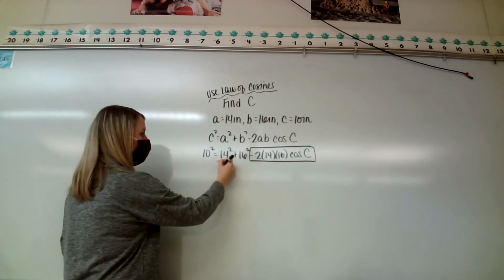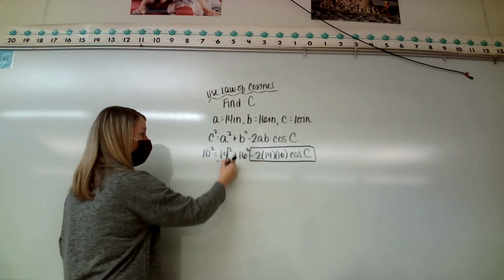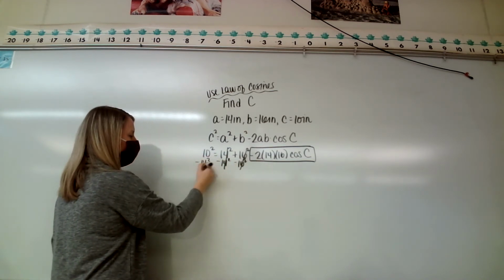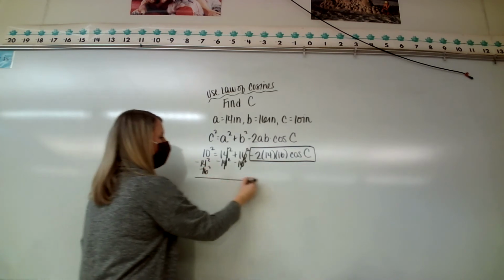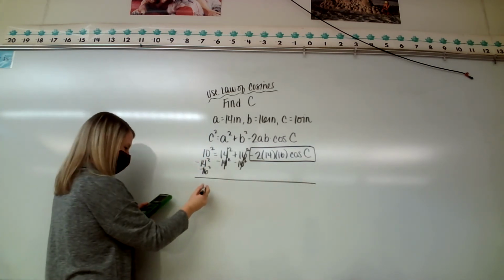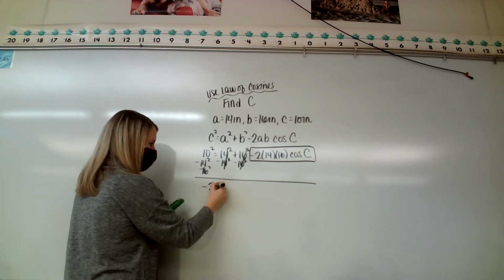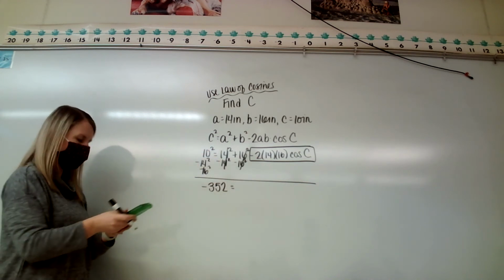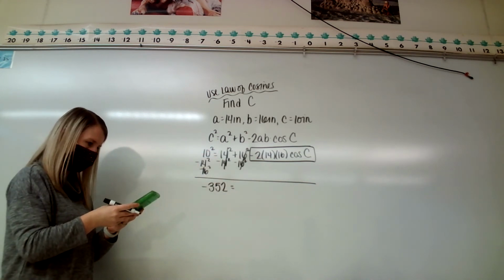So I'm going to move these, 14 squared minus 16 squared, over here. What are we at? 10 squared minus 14 squared minus 16 squared is negative 352 equals. I'm going to simplify that side just so I don't need to rewrite it again.